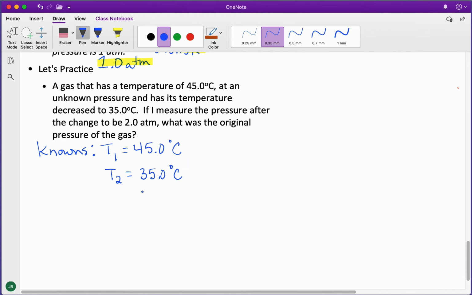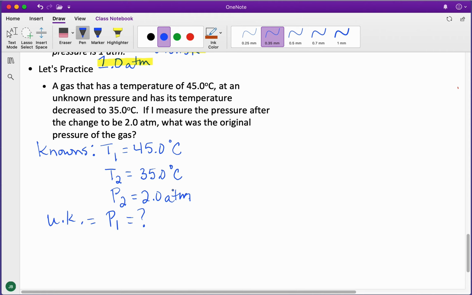If you measure the pressure after the change, that is going to be pressure 2, and it is 2.0 atmospheres. And what you need to solve for, your unknown, is going to be that original pressure, that pressure 1.